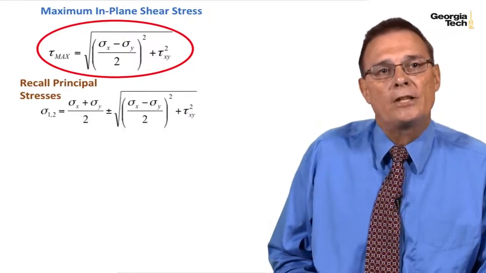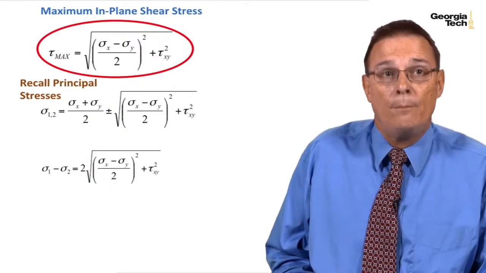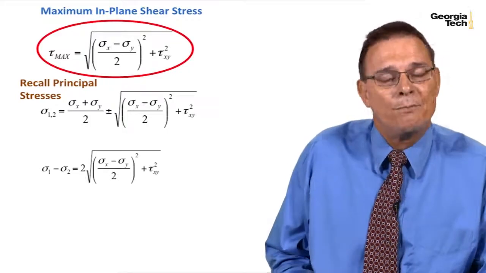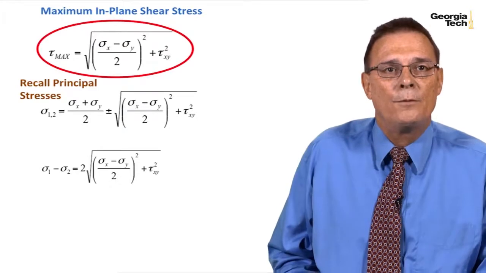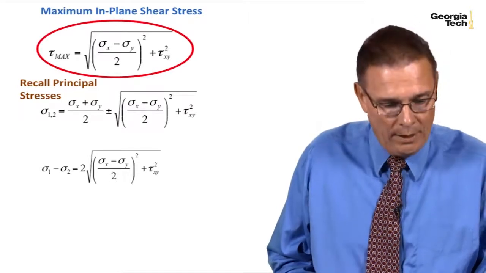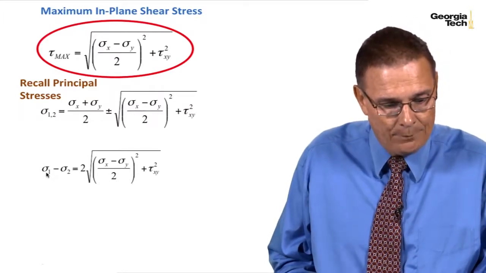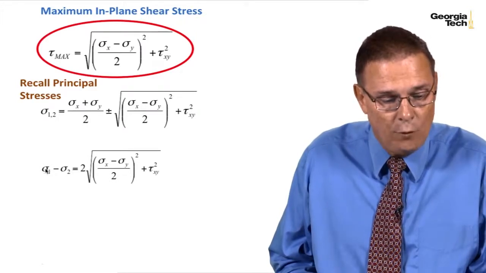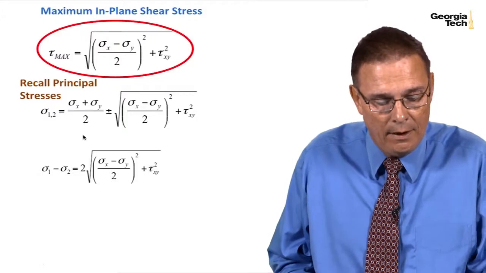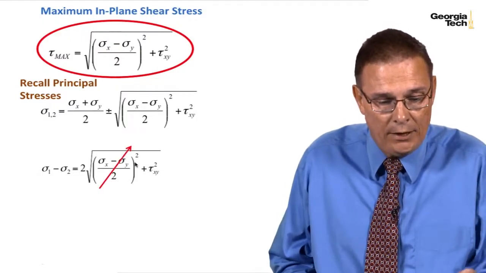You'll recall from last module the principal stresses, which were the max normal stresses. And if I now take from this expression and I subtract sigma sub 2 from sigma sub 1, what I get is this value here.